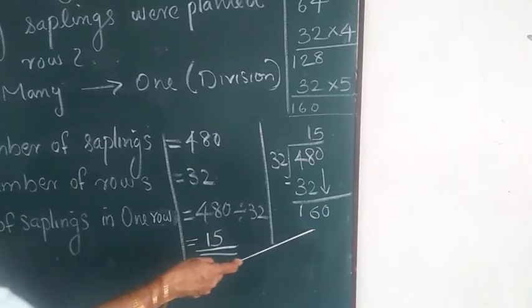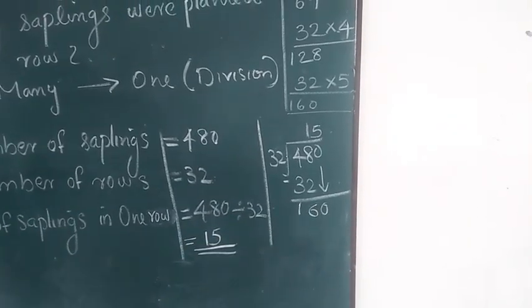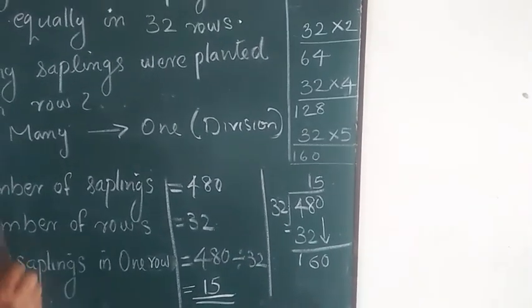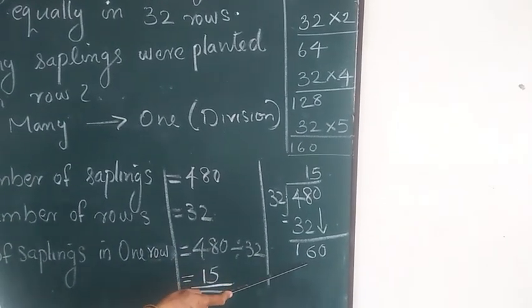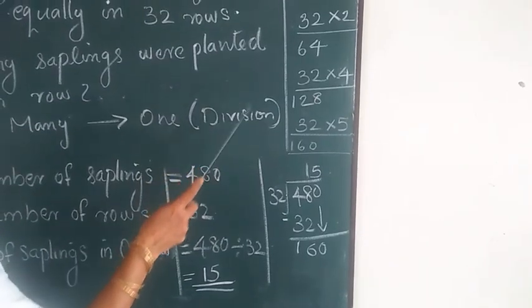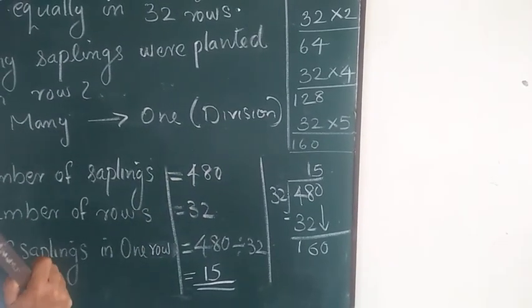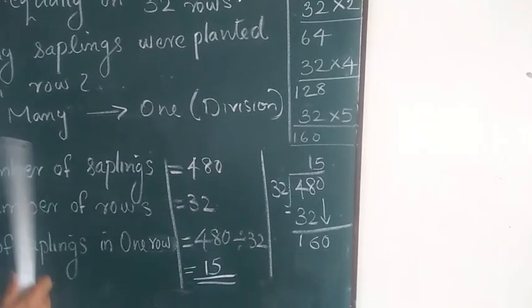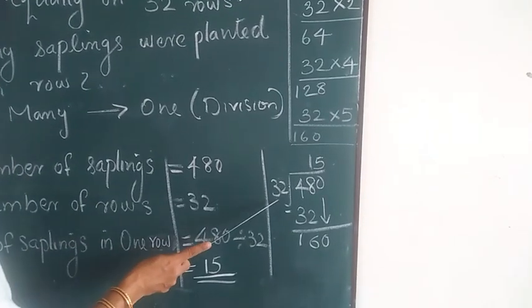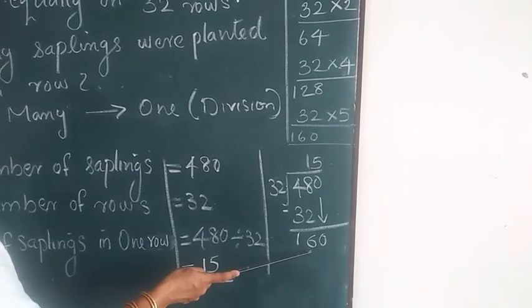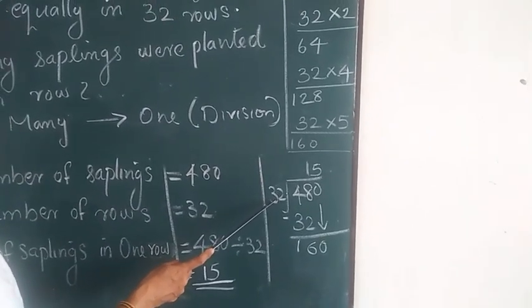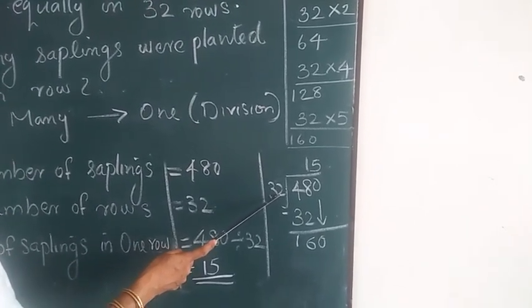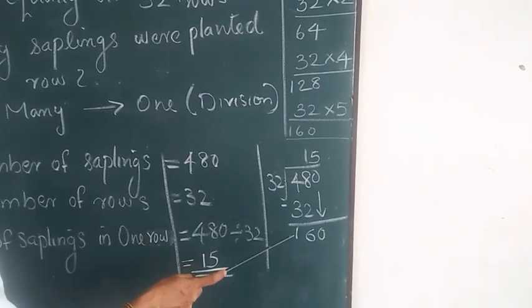Then this number together becomes 160. Next we will check 32 out of 160, how many times. For that we will multiply, otherwise we can use the brain quickly. Understand, 16 is half of 32. We know 32 into 10 is 320. Half of it is 160.